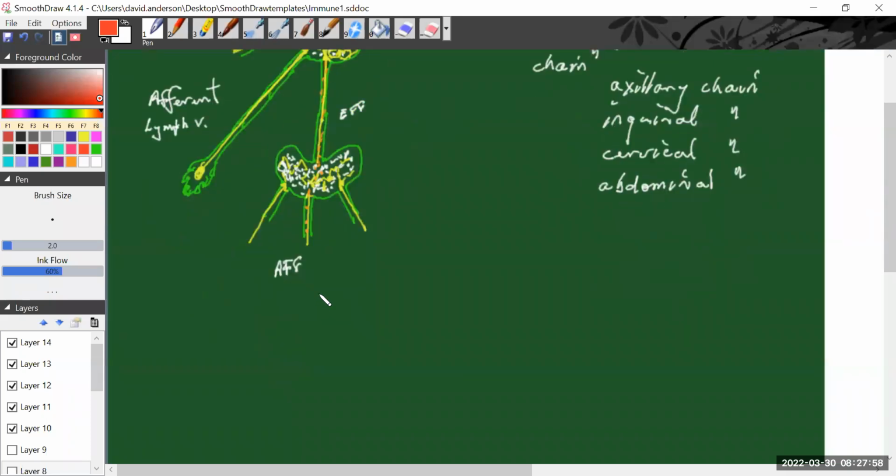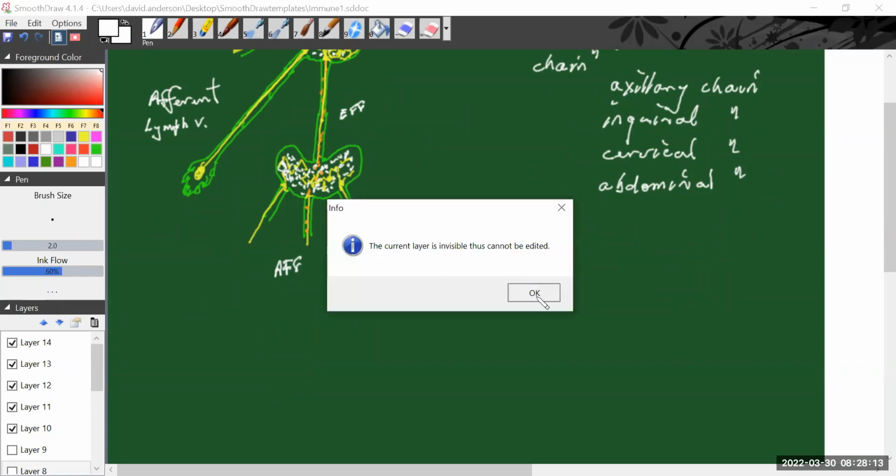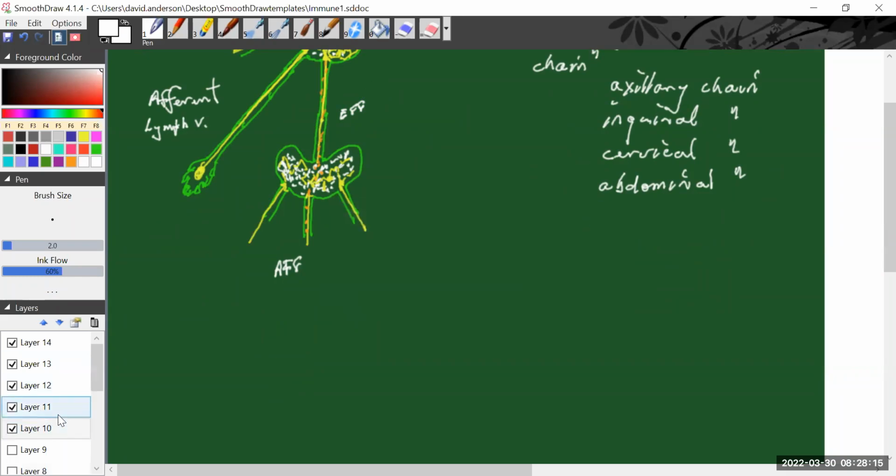So when we talk about lymph tissues, we can talk about primary lymph tissues and secondary lymph tissues. The other thing to realize is that with lymph nodes, we have somewhere in the vicinity of 500 to maybe as many as 900 nodes in the body arranged in these chains.